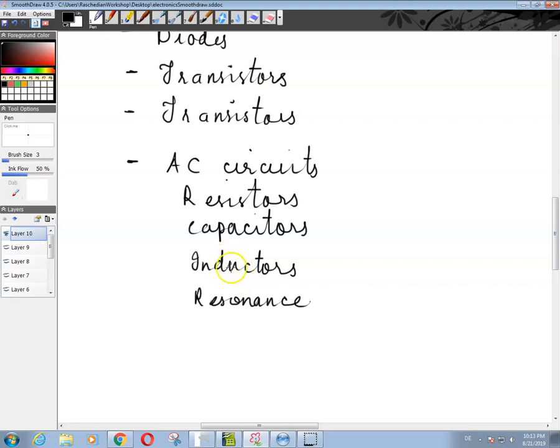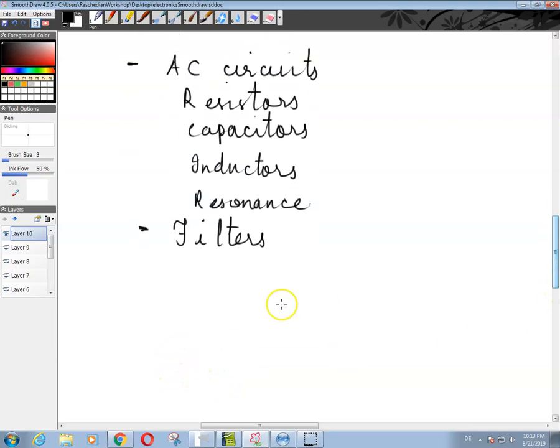Then we have a chapter about filters. For example, here we learn a couple of things about capacitors and RC circuits, about resistors and capacitors, about inductors, about the phase shift in these circuits, and so on and so forth.